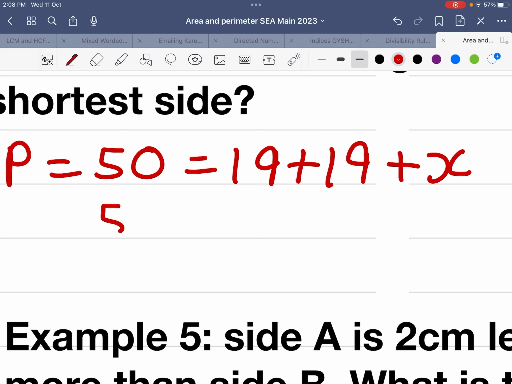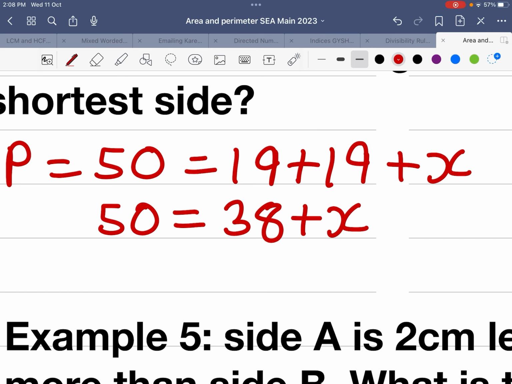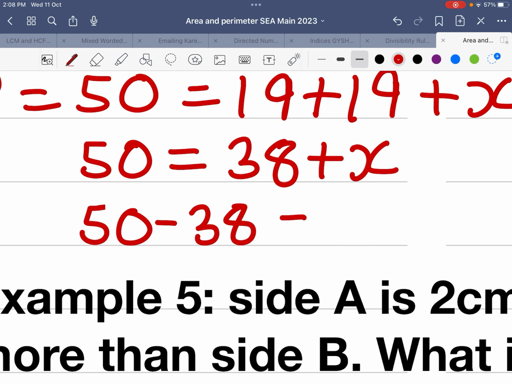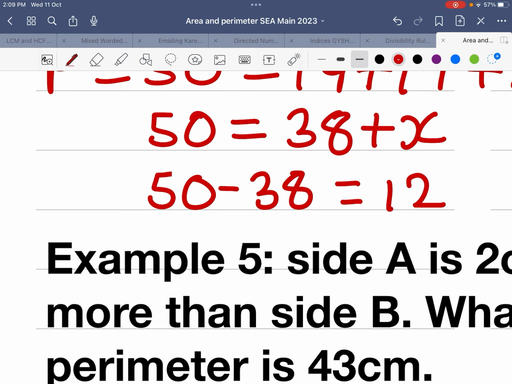So that means that 50 is equal to 19 plus 19 is 38 plus x. 50 take away 38 is equal to 12, and that is what x is. X is equal to 12.